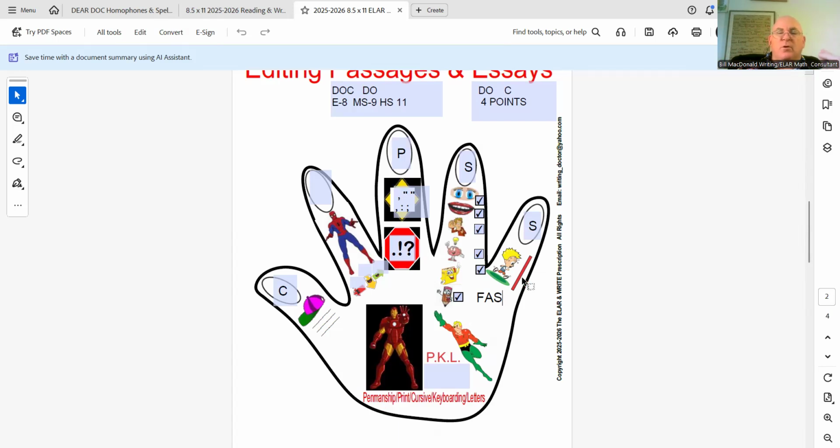All right. So our last one, when kids are finally ready for the paragraph level, then that's called usage. Usage is basically subject, Spider-Man's head, predicate, Spider-Man's body, subject, action, subject, verb. Okay.